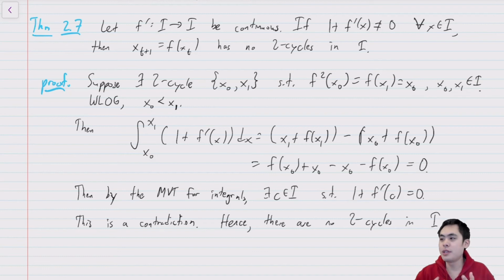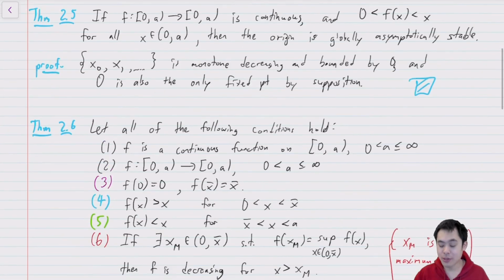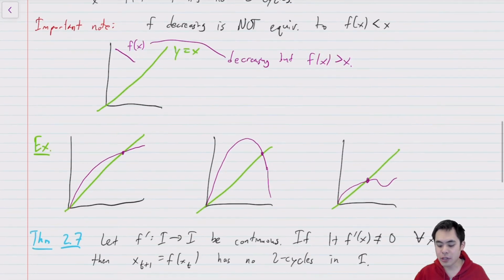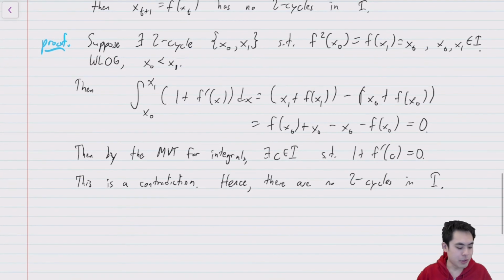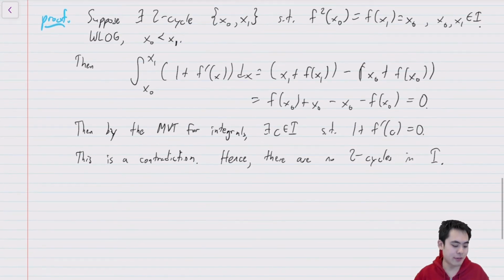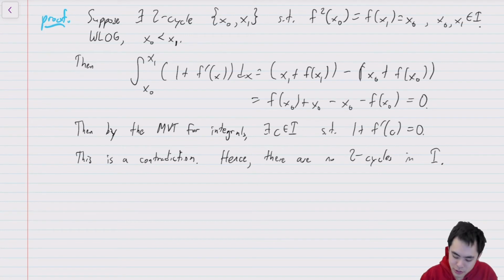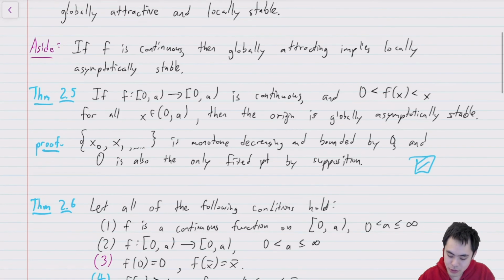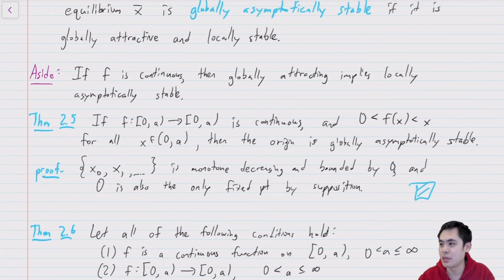So now, one example of an easier condition to check than actually checking all 6 of the conditions that we talked about in Theorem 2.6. There are a couple other simpler ways of checking global stability as well. And let's go through another one here. So this is going to be Theorem 2.8, and this is going to be analogous to Theorem 2.5 in terms of how we're going to prove it.